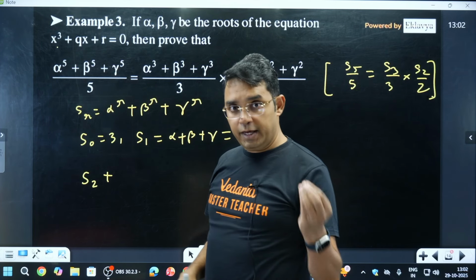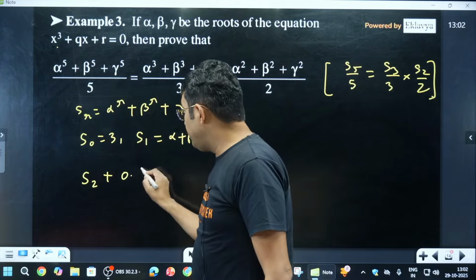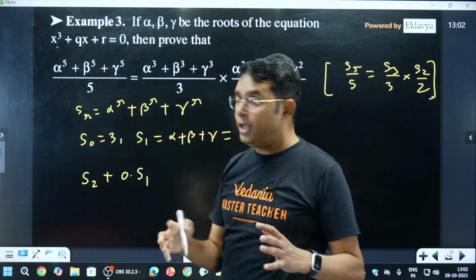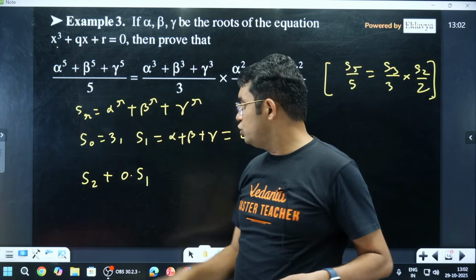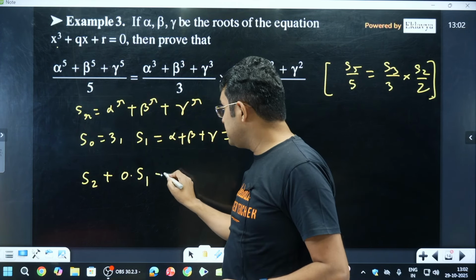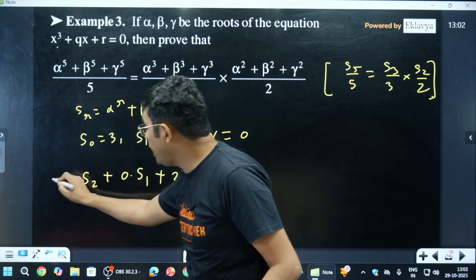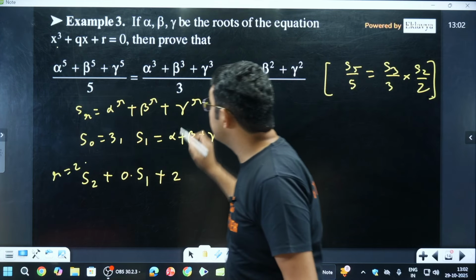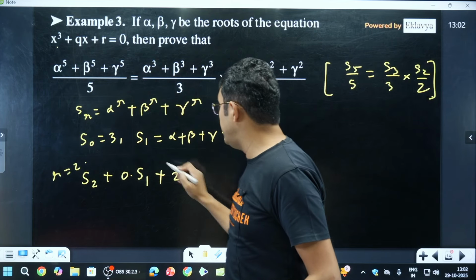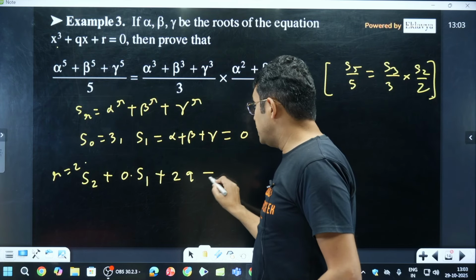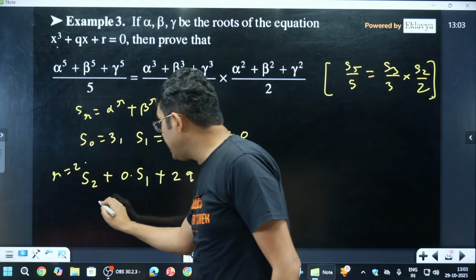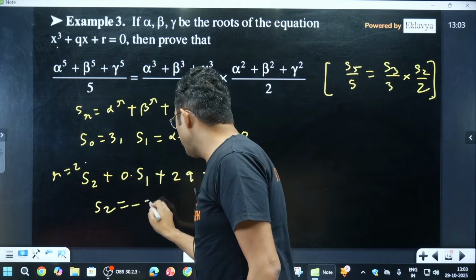So if you are writing S2, S1 will be multiplied with 0, since the x square coefficient is 0. So 0 into S1. Now it is the turn to write S0, and here I will be writing 2 because my R is 2 here, and the coefficient that should have come here is Q. That is equal to 0. So from this you can directly say that S2 will be equal to minus 2Q.